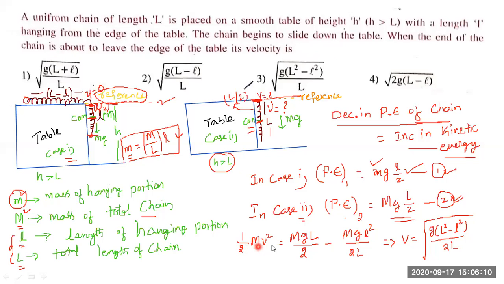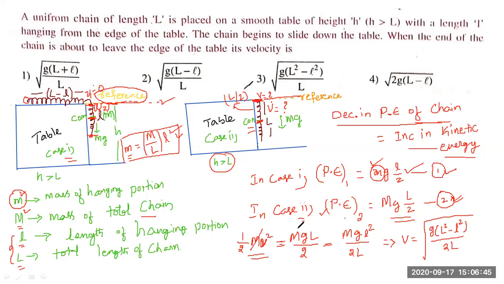Then half capital M v square is equal to, because students here initial velocity is 0, no, only final velocity will be there. Therefore, the change in kinetic energy will be given as only half M v square. That is equal to capital MgL by 2, final potential energy, minus initial potential energy. Here in the initial potential energy I have replaced small m with capital M by L into small l. Therefore, you will get the simplified form of initial potential energy as capital MgL square by 2l.